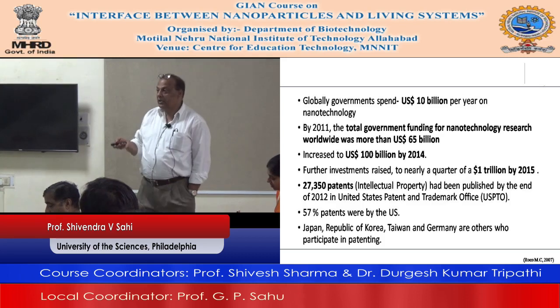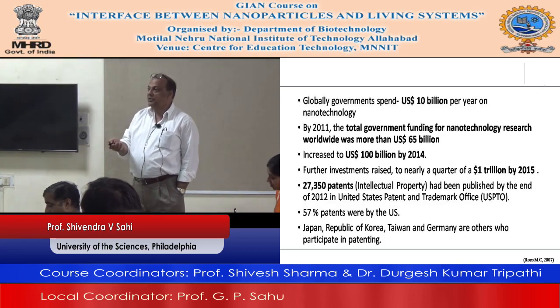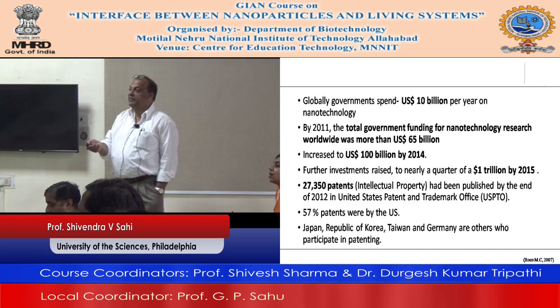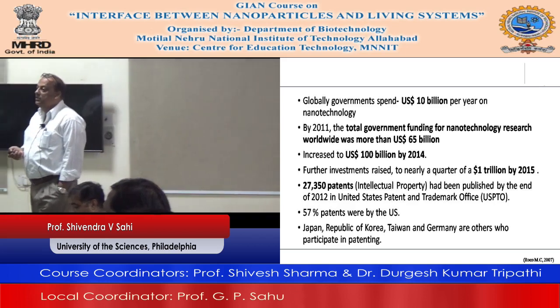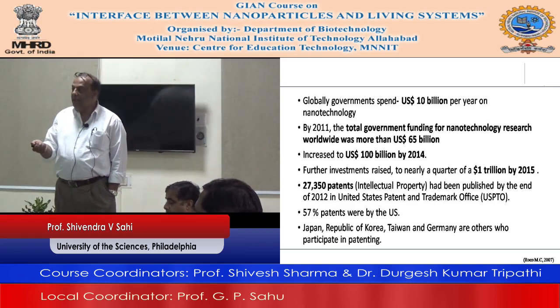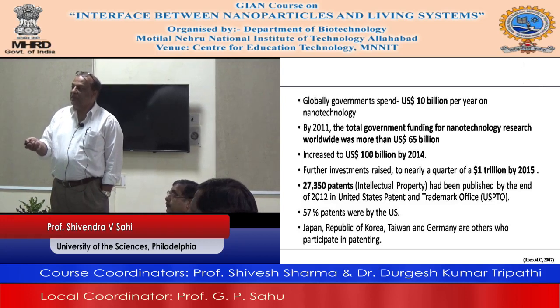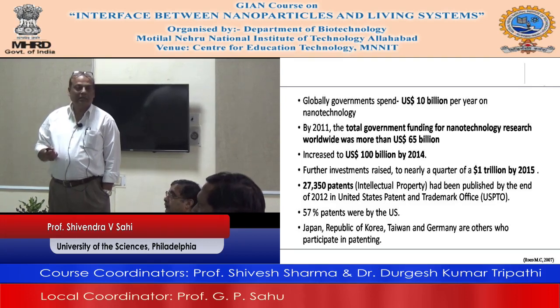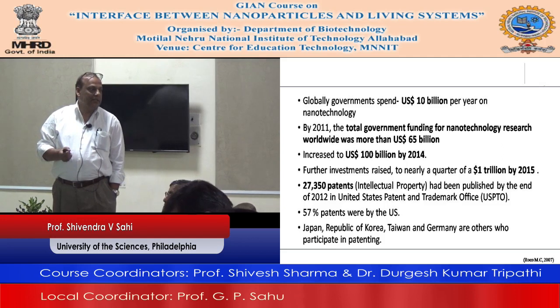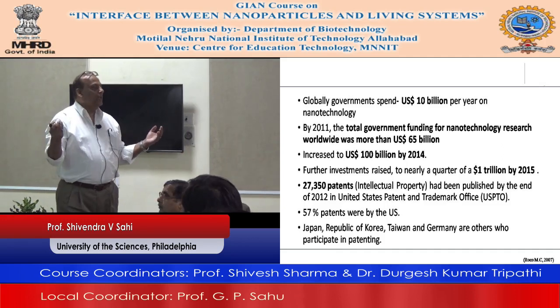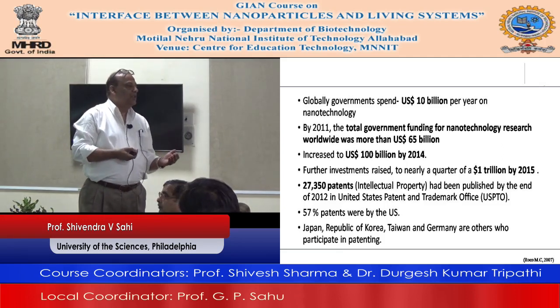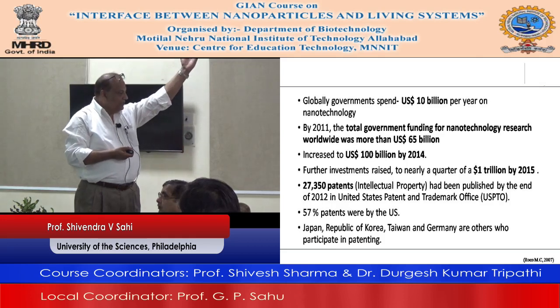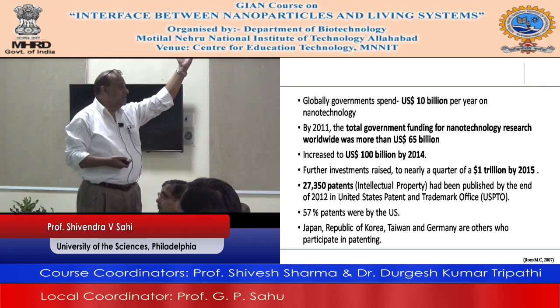Okay? So look here, the number of patents is about 27,350, and out of that, 57% were from U.S. scientists. Now remember, even being in India, you can apply for a patent with the U.S. government. Being an Indian citizen, there is no problem.